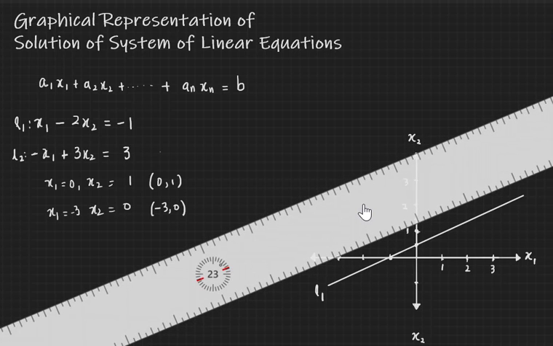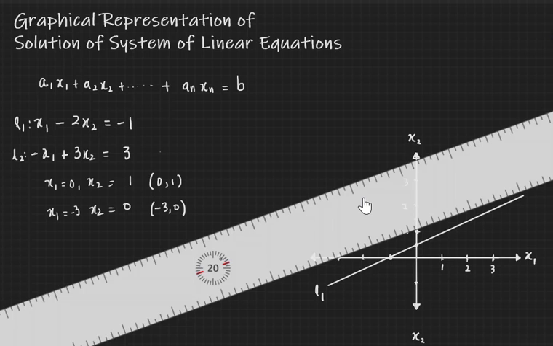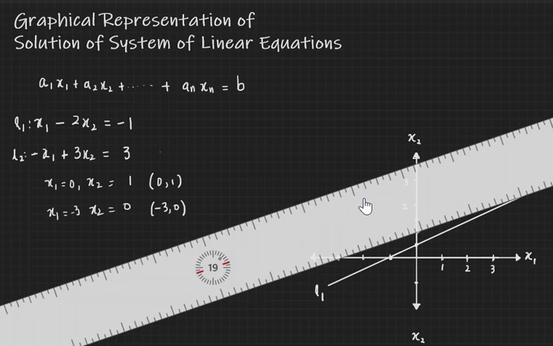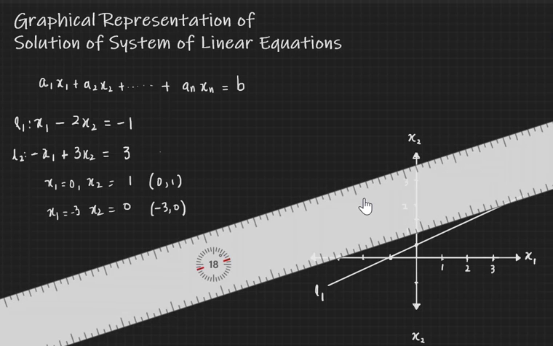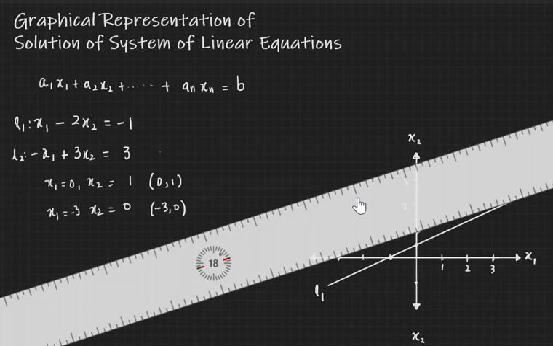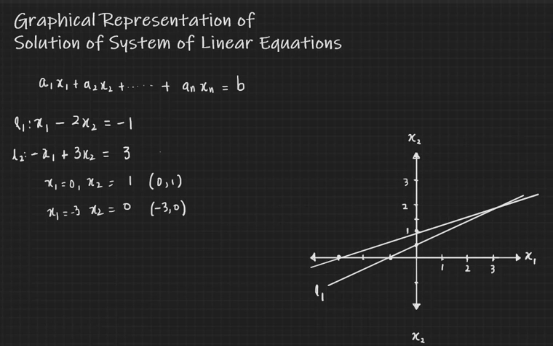So this is the straight line joining the points. Assume that this is L2.